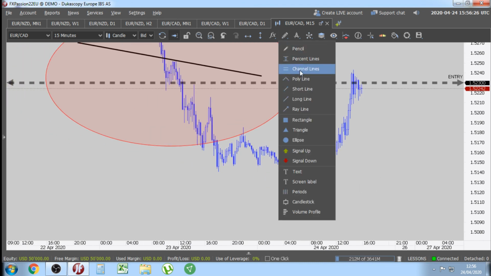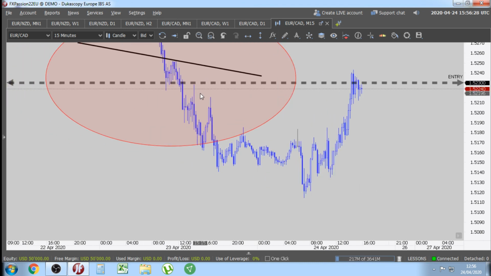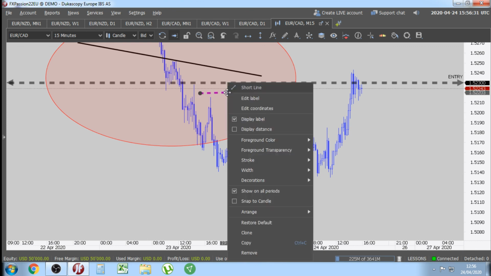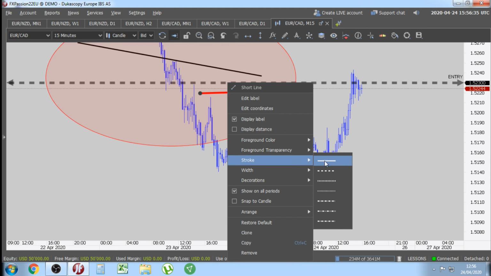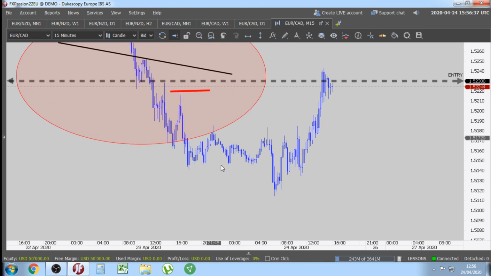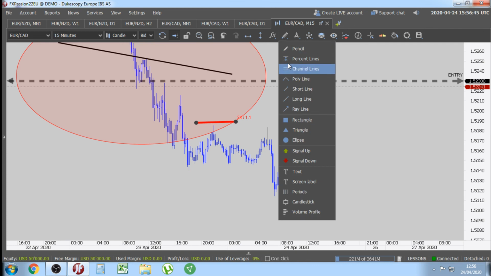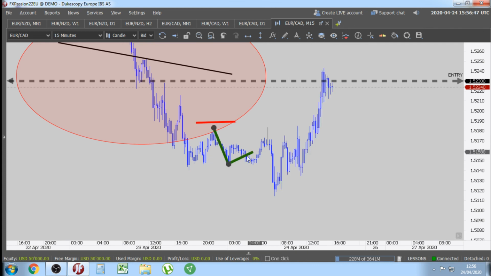Every time the market was making a lower low, you could adjust your stop loss, right? Here and then here. And then finally when it made the last push like here, you could adjust your stop loss until here and you would end in profit.